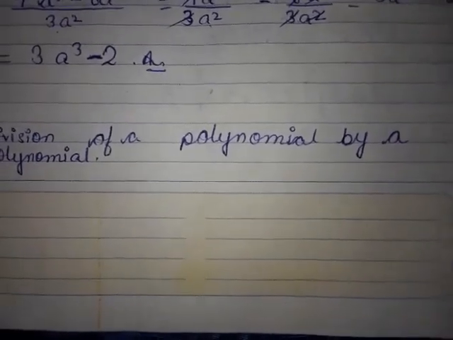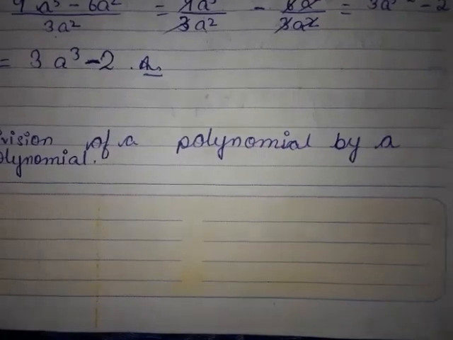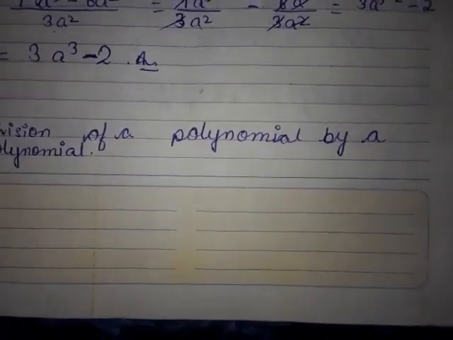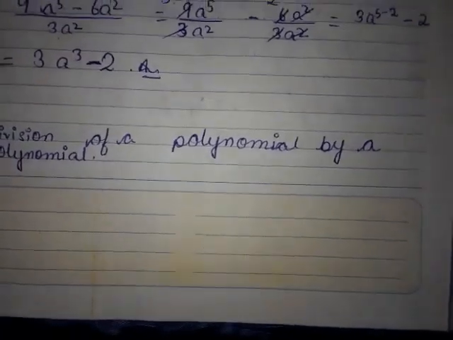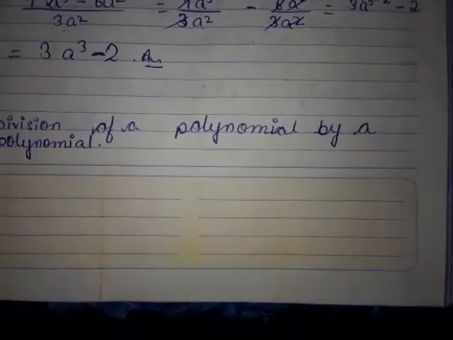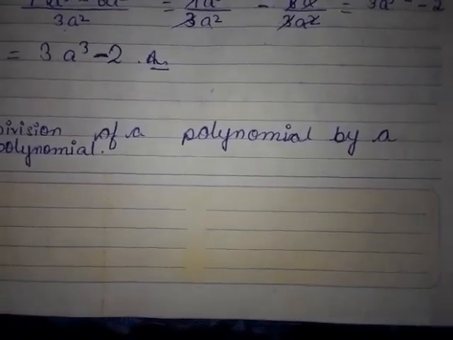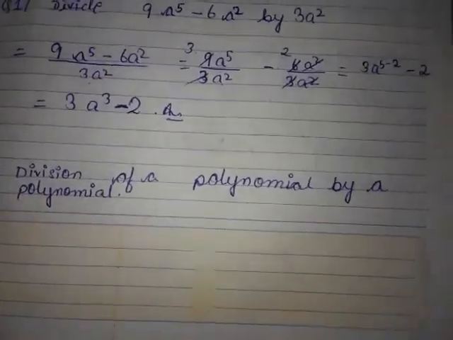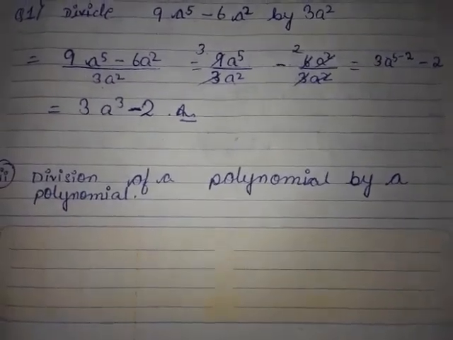The second step is, divide the first term in the dividend by the first term in the divisor to obtain the first term of the quotient. The third one is, multiply the complete divisor by the quotient. You can continue these steps as long as required. Now I will solve a few questions and explain these steps.